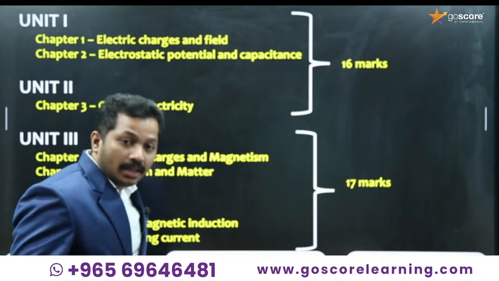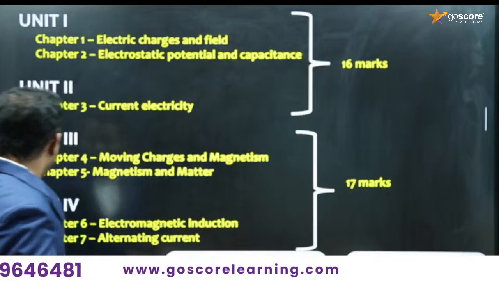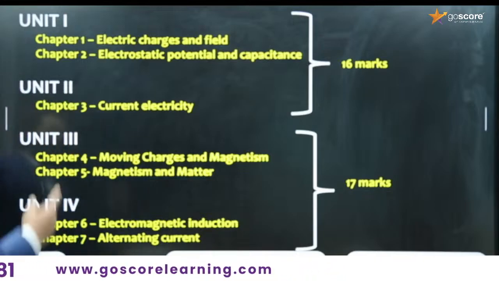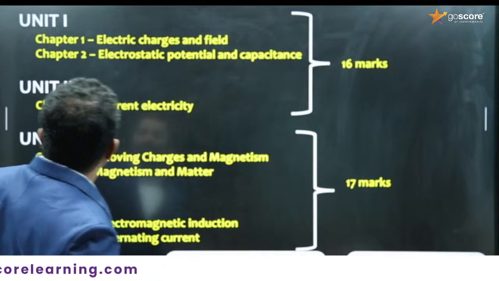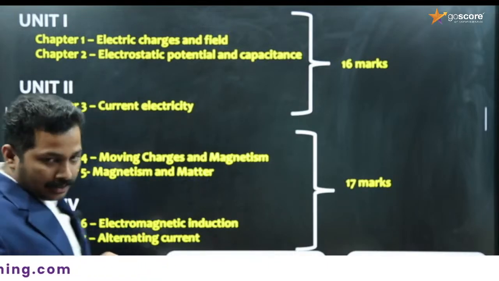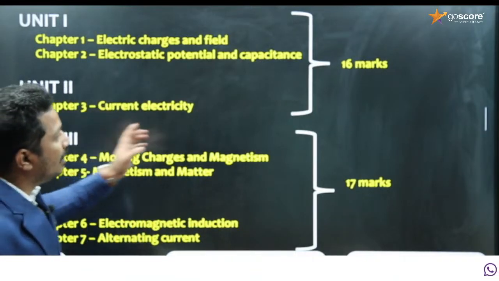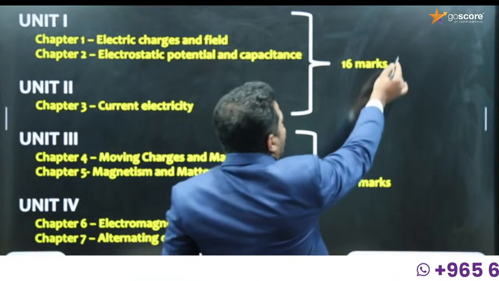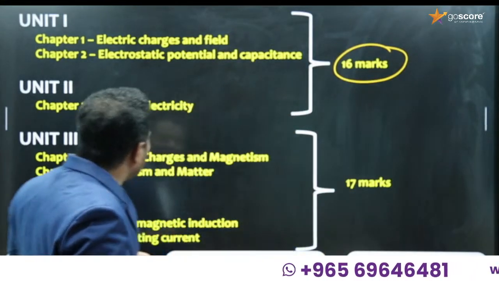If you look at the syllabus of grade 12, the first unit contains two chapters, chapter 1 and chapter 2, and unit 3 contains one chapter, current electricity. Out of 70, 16 marks of questions will arise from these three chapters.